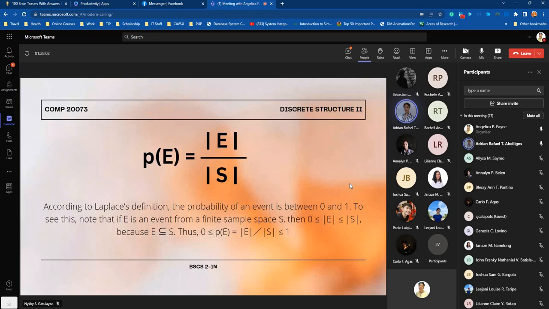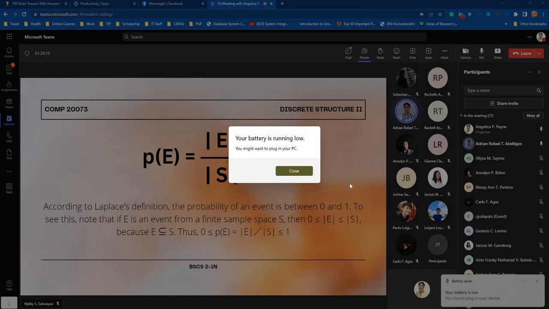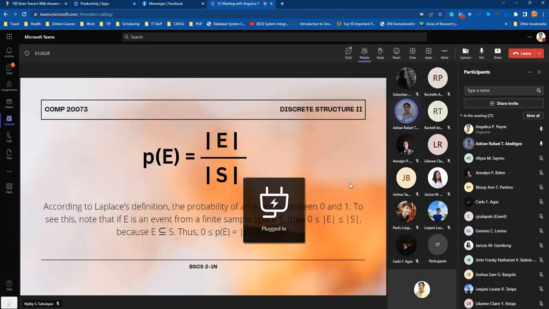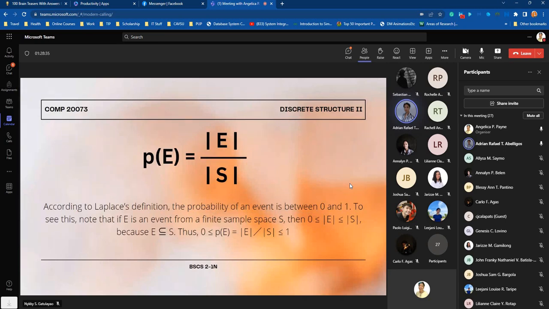According to the Laplace definition, the probability of an event is between 0 and 1. To see this, note that if E is an event from a finite sample space S, then 0 is less than or equal to the size of E, which is less than or equal to the size of S, because E is a subset of S. Thus, 0 is less than or equal to P of E, which equals E over S, which is less than or equal to 1. Take note that the probability of an event can never be negative or more than 1.